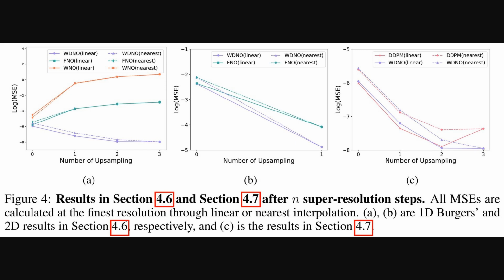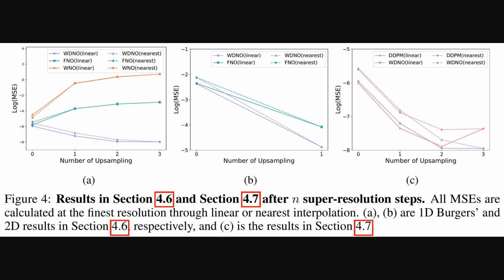Okay, so building on that visual demonstration from Figure 3, Figure 4 here gives us the quantitative results for that zero-shot super resolution. What we're seeing are plots of the log mean squared error, so lower is better, against the number of upsampling steps performed.